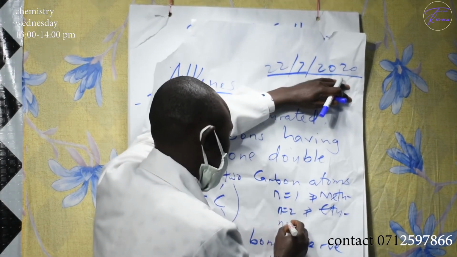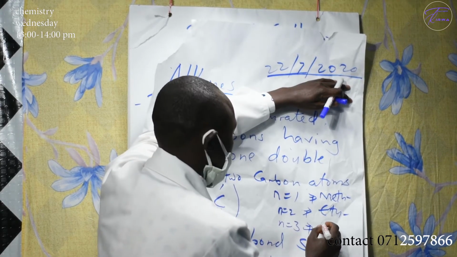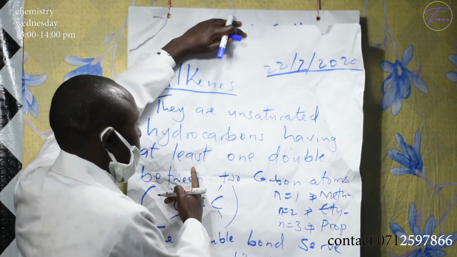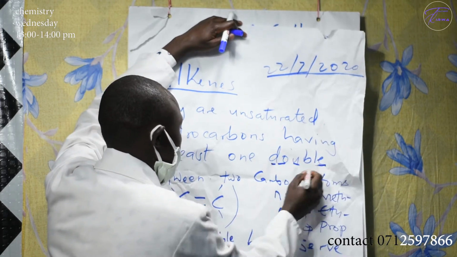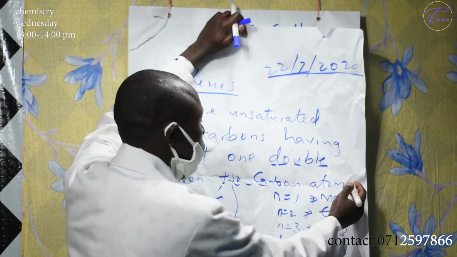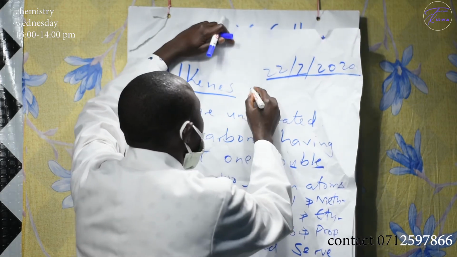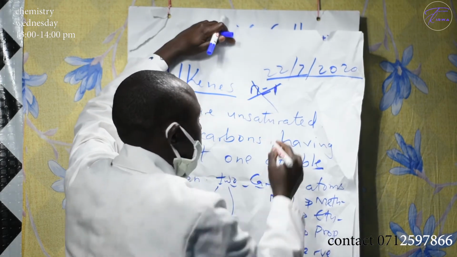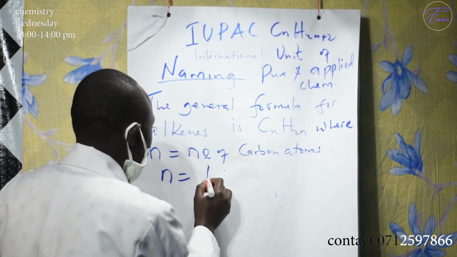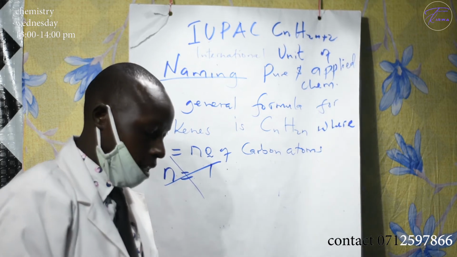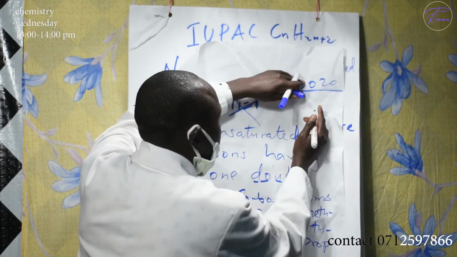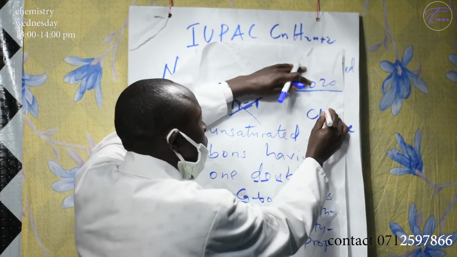Where n is equal to 3, the prefix is prop, etc. Now, if there has to be a double bond between two carbon atoms, then that suggests that in alkenes, we do not have where n is equal to 1. Because for alkanes, the first member was CH4.